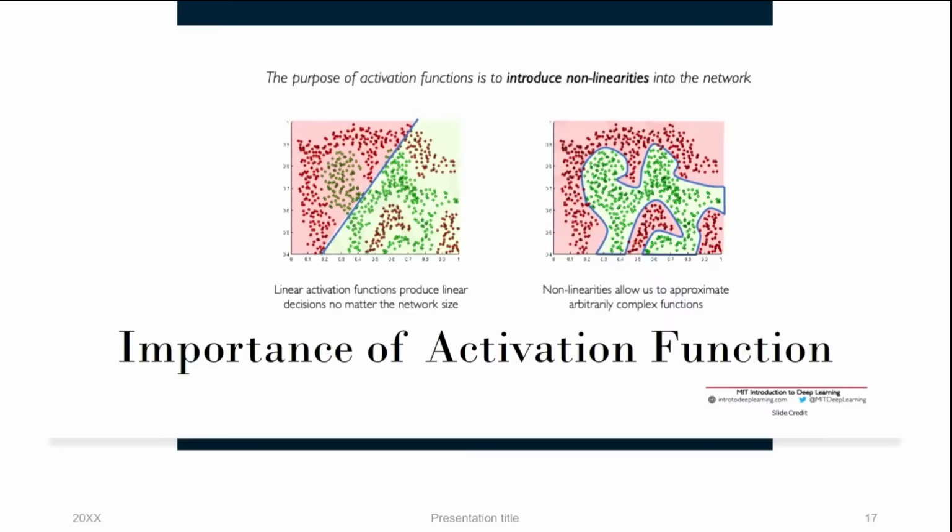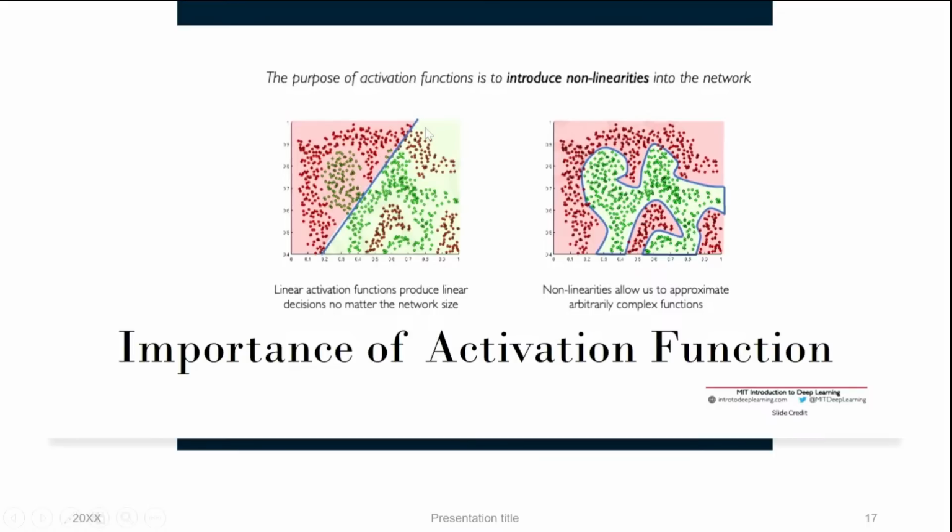If our neural network doesn't contain any activation function, it is just a linear function. Here you can see some data points, red and green. We cannot draw a linear line which can segregate these two sets of data points from each other, right? So this is a decision boundary.